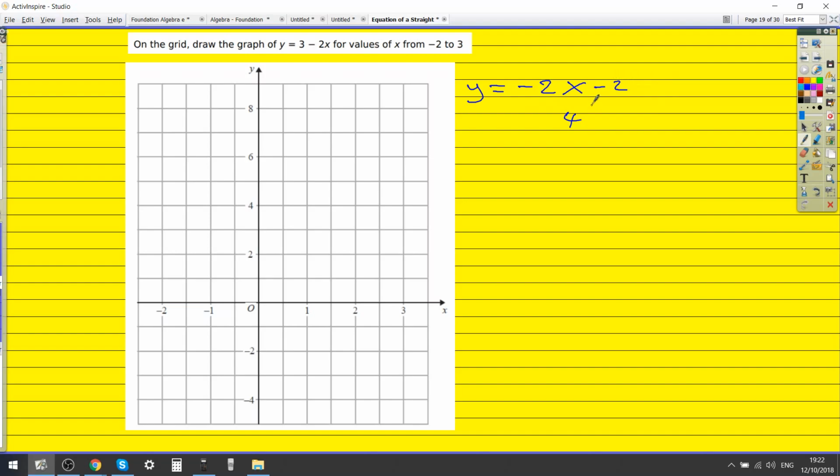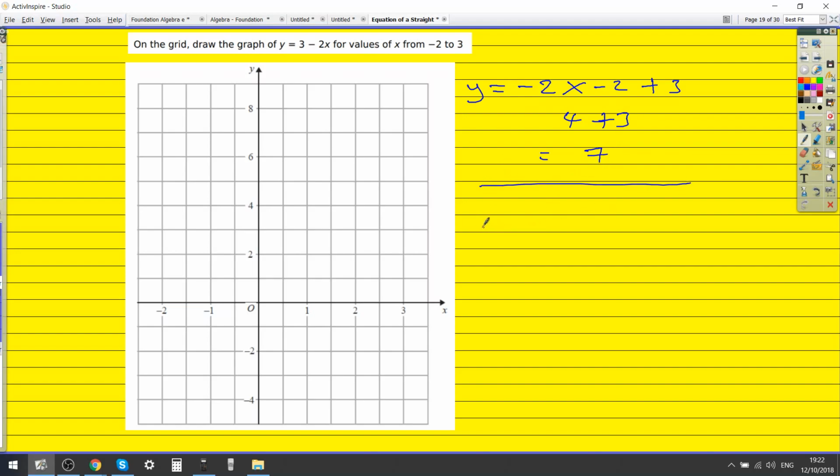You didn't say it was -4. You said it was 4. -2 times -2. So is it 3 plus 4? Yeah. So it would either be 3 plus 4 or 3 minus -4, which is the same thing. Okay, so yeah, fine. So 3 plus 4, which is 7. Yeah.